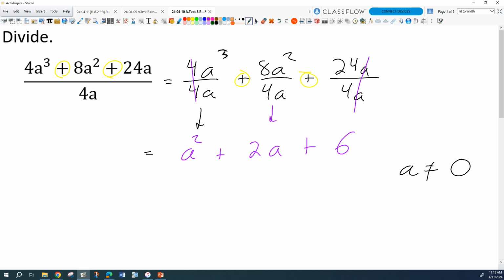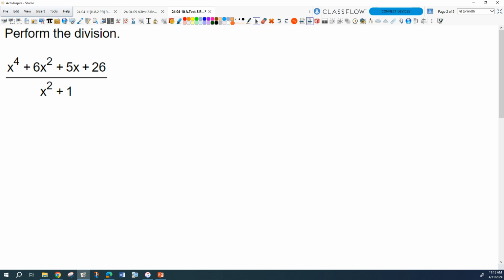All right, let's look at one long division problem, just one more of those in for practice. So what about this one then? The top goes inside. So tell me, what do I write inside then? x to the 4th, plus 0x cubed.